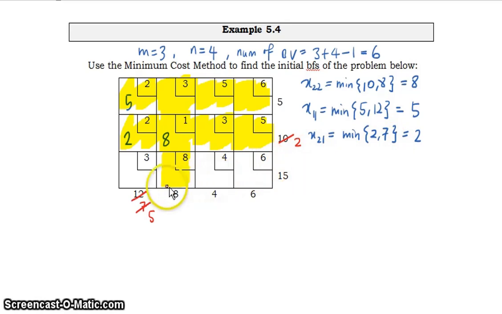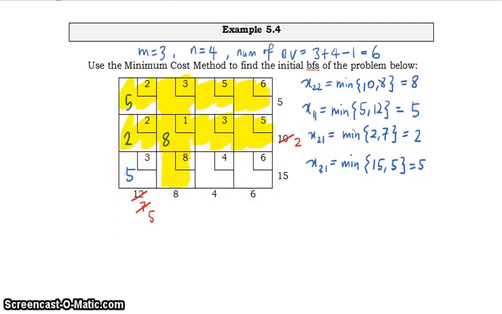Next, we still have 3 cells. Among these 3 cells, X31 has the smallest cost. The value of this variable is the minimum of 15 and 5, which is 5.